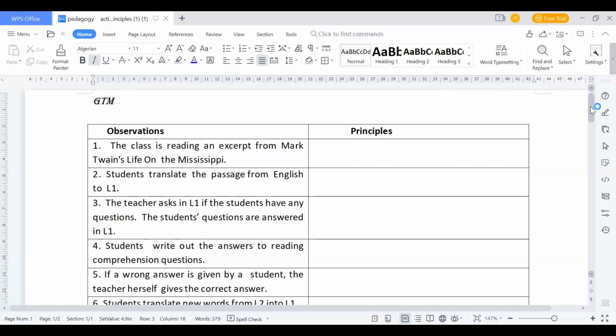We call them underlying principles. Can one of you give it a try? Now that it is a grammar translation method classroom and the class is reading an excerpt from Mark Twain's Life on the Mississippi, you can tell me two things.